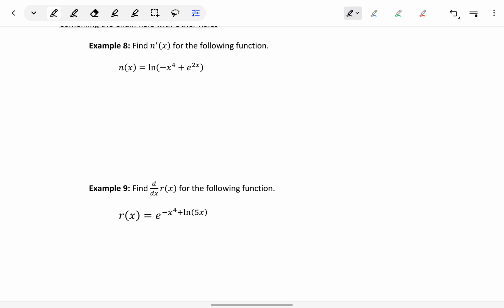In example 8, we're taking the derivative of the natural log of negative x to the fourth plus e to the 2x.